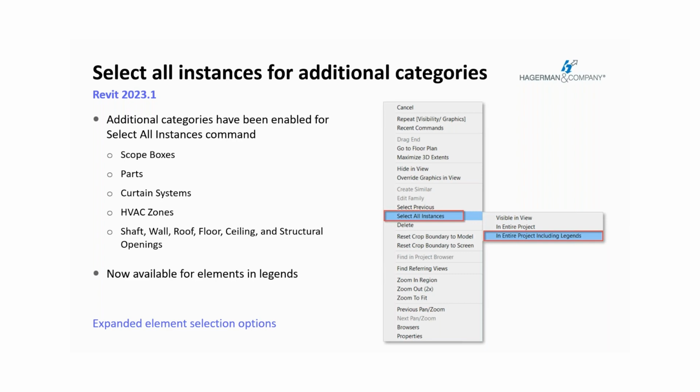We've got scope boxes, parts, curtain systems, HVAC zones, and then openings, which include all of the following: shaft openings, rectangular arc wall openings, rectangular straight wall, roof opening cuts, floor opening cuts, ceiling opening cuts, structural opening cuts.